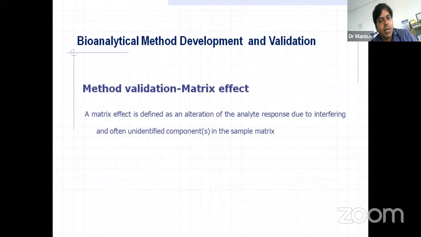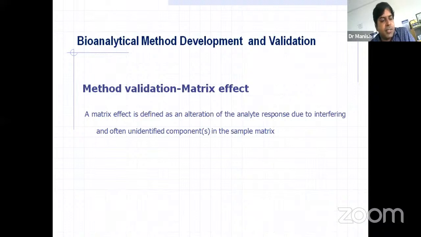Now, next is matrix effect. The matrix effect is defined as the alteration of analyte response due to interfering and often unidentified components in the sample matrix.